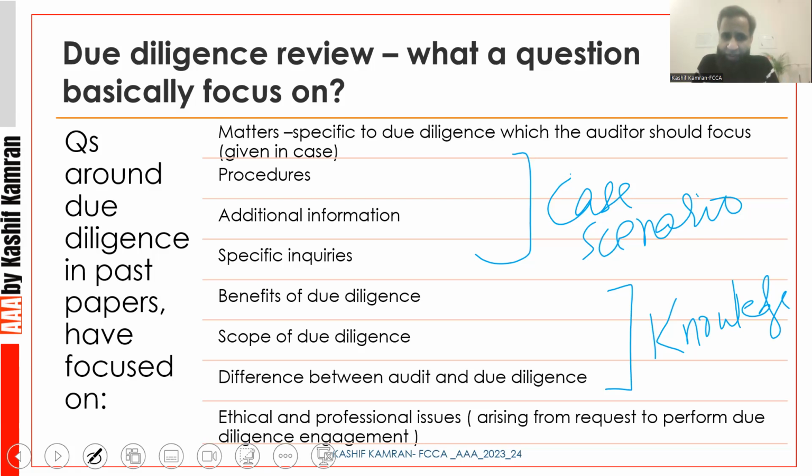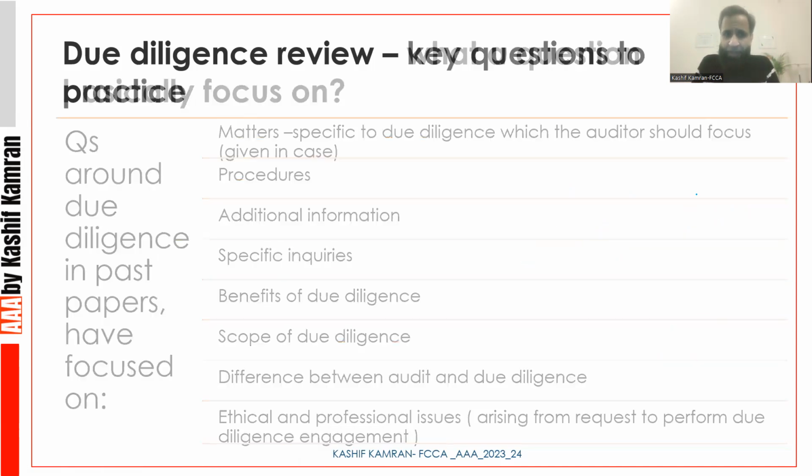On your screen, you can see some seven ways in which a question on due diligence was put in past papers. You should ensure you've covered each of them. Which questions should you do to ensure that you've covered each and every aspect?